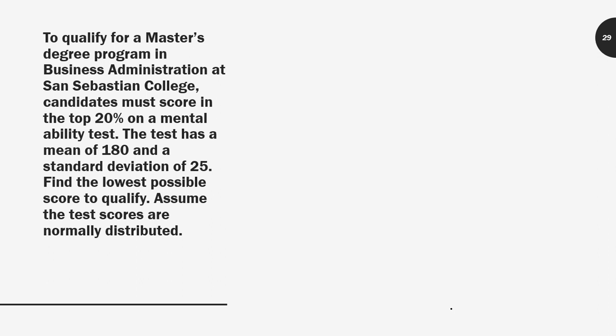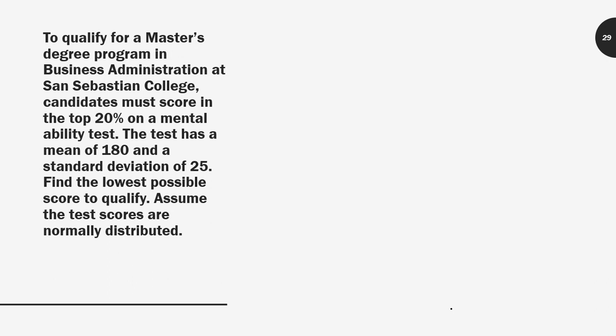Okay. Example number 3. To qualify for a master's degree program in business administration at San Sebastian College, candidates must score in the top 20% on a mental ability test. The test has a mean of 180 and a standard deviation of 25.